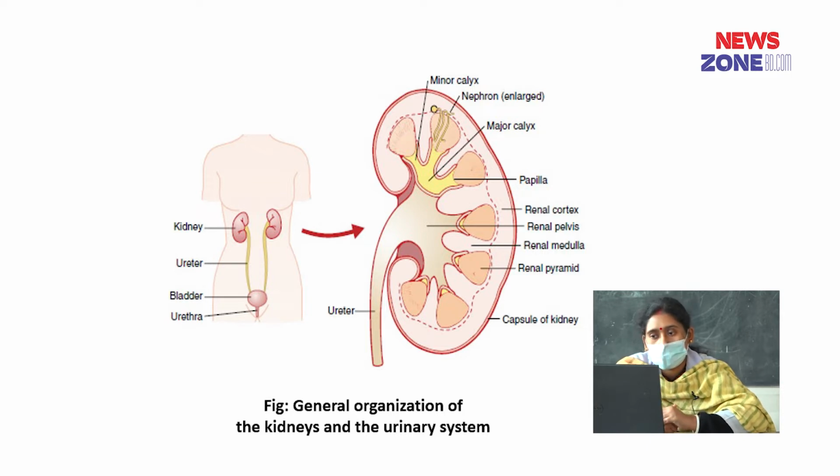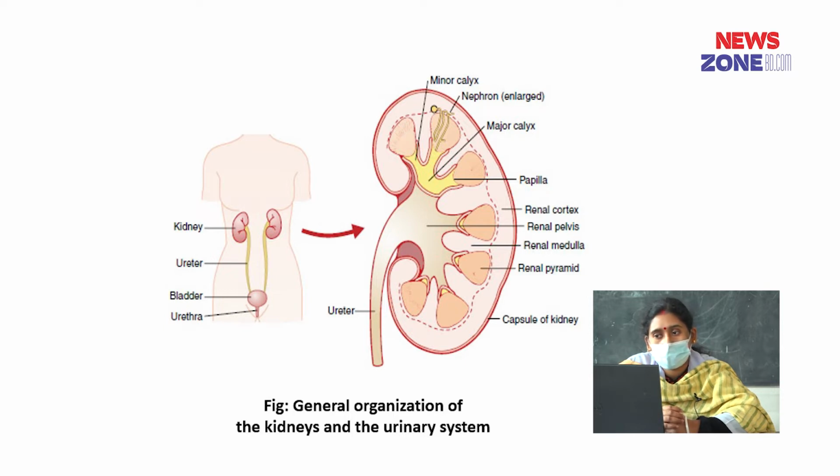Two or three minor calyces join to form a major calyx, and 2 or 3 major calyces join together to form the pelvis, and the ureter is the continuation of the renal pelvis. And in the papilla of the renal pyramid the collecting duct opens.